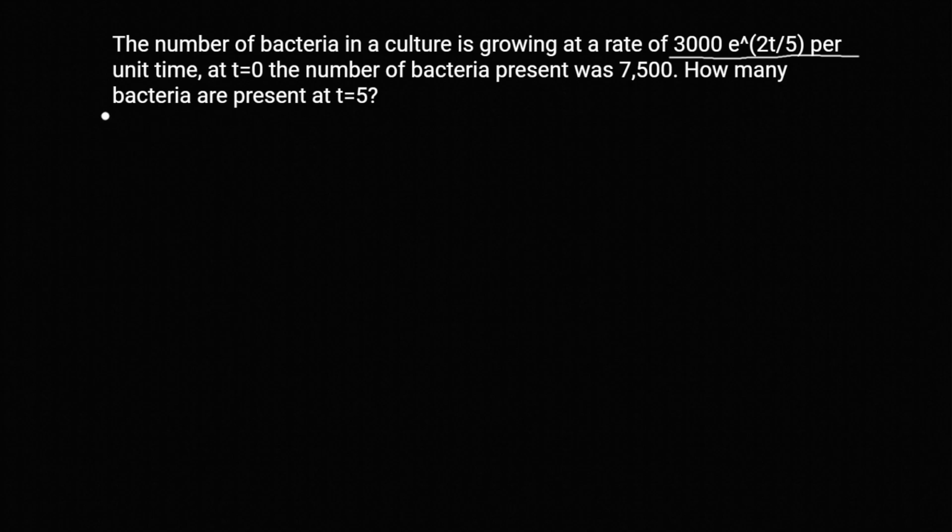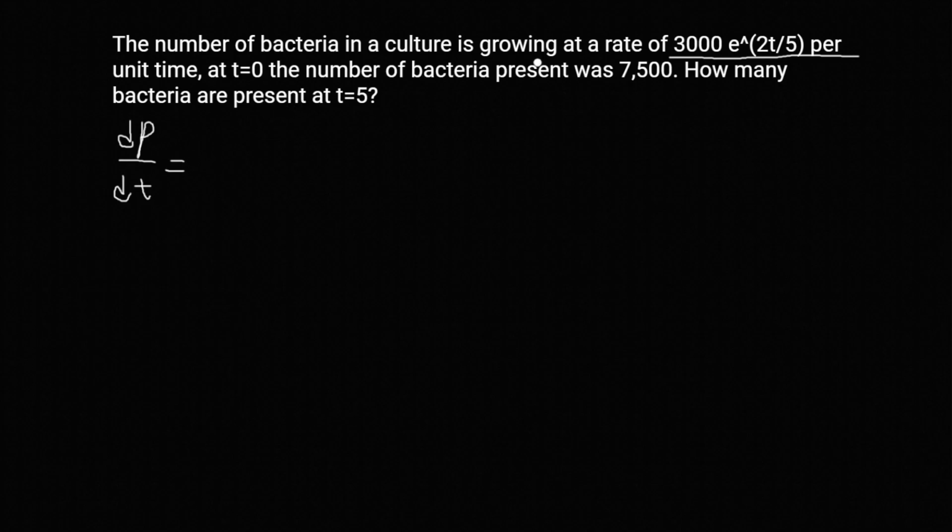Alright, so we can model the number of bacteria. We could call it B for bacteria or P for population. I'll call it P for population, but it doesn't really matter. As long as you know what you're talking about, everything is good.